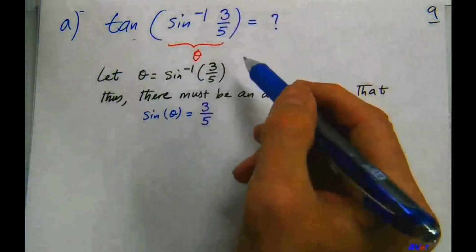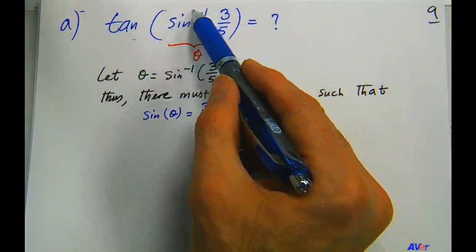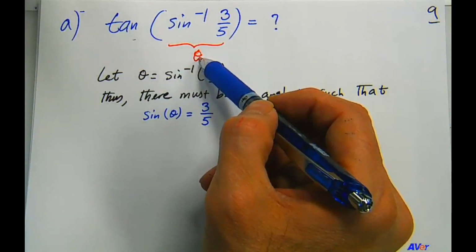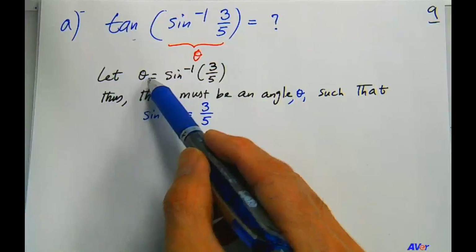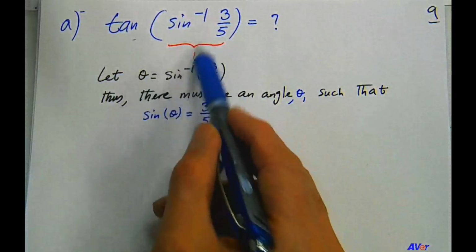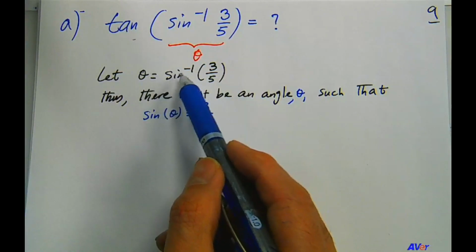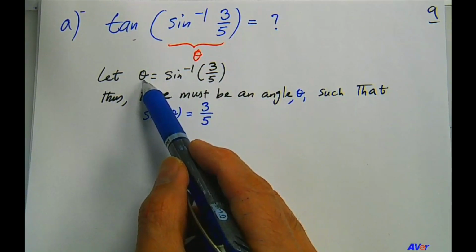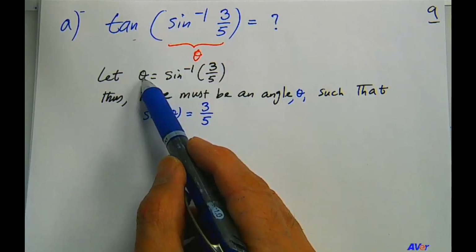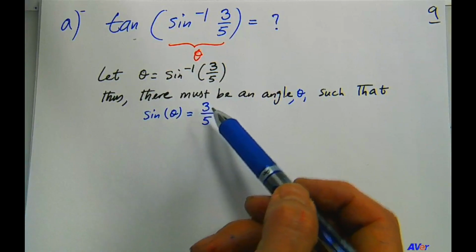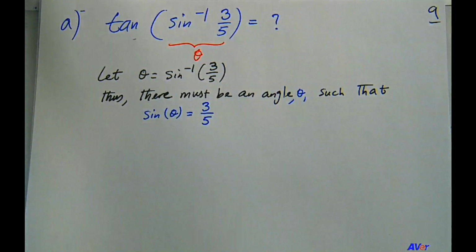Just taking it piece by piece, we know that any inverse trigonometric function represents an angle. So we let theta be equal to all of that. Then we know that there must be some theta such that if you take the sine of that theta, you end up with 3 over 5. And that's what I wrote down. But we just talked about right triangles, right?